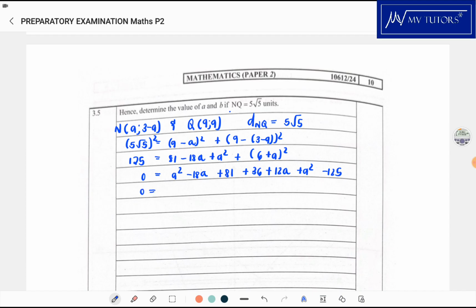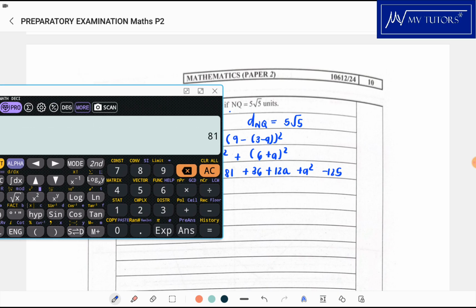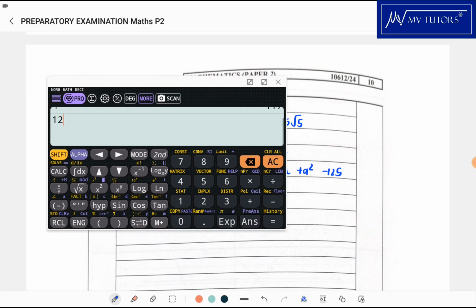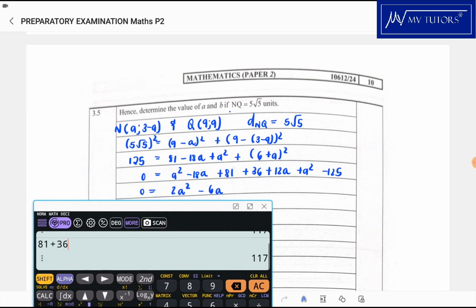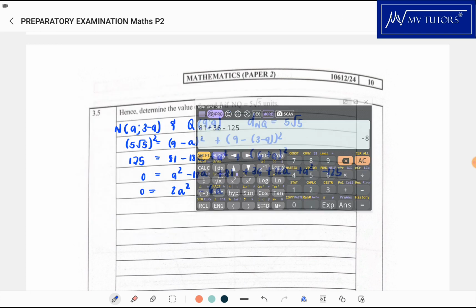So A squared plus A squared is 2A squared, minus 18A plus 12A is minus 6A, and then 81 plus 36 minus 125 is negative 8.